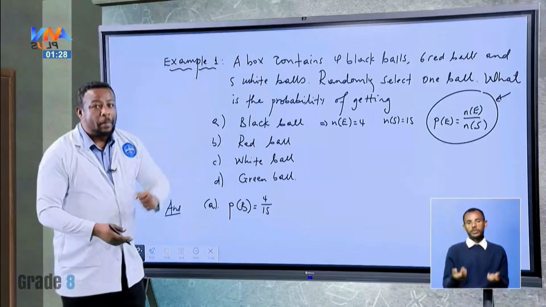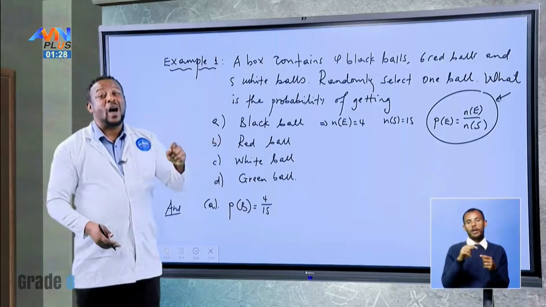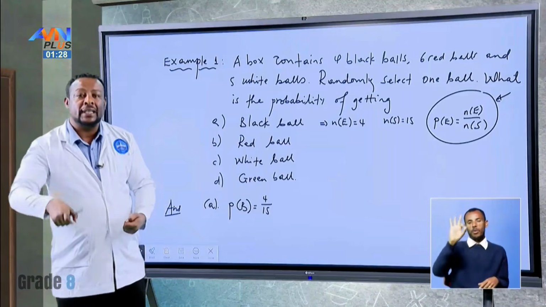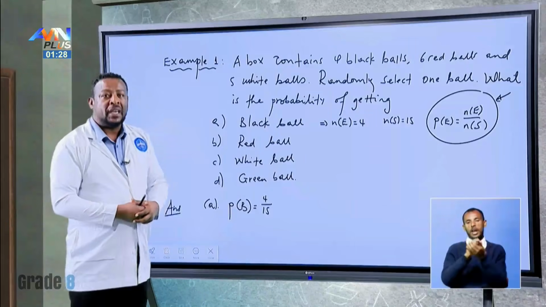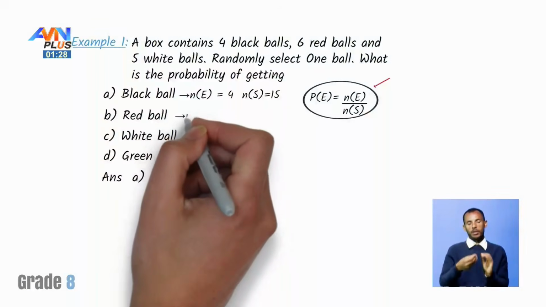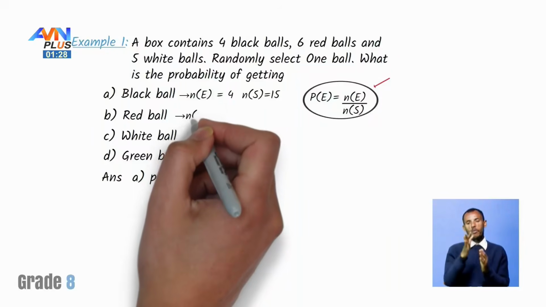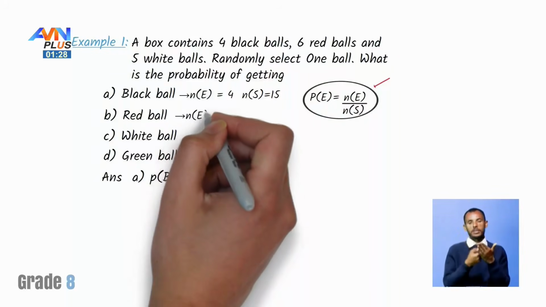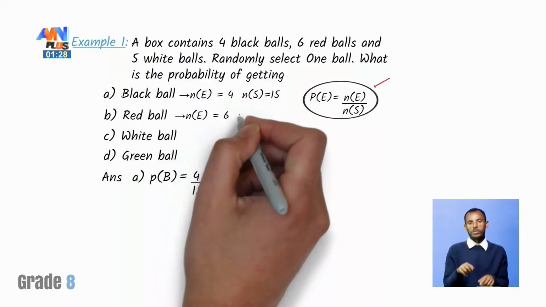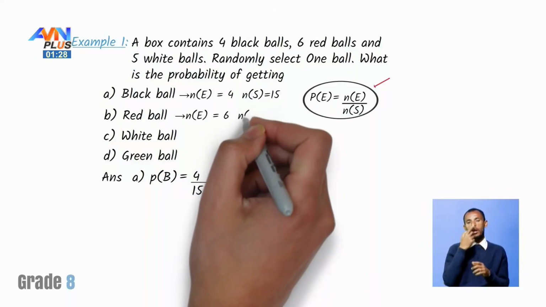When we go to the B part, we are also asked to calculate the probability of obtaining red ball in this random picking. So the number of favorable outcomes in the second case is N of E, which is the number of red balls, 6.